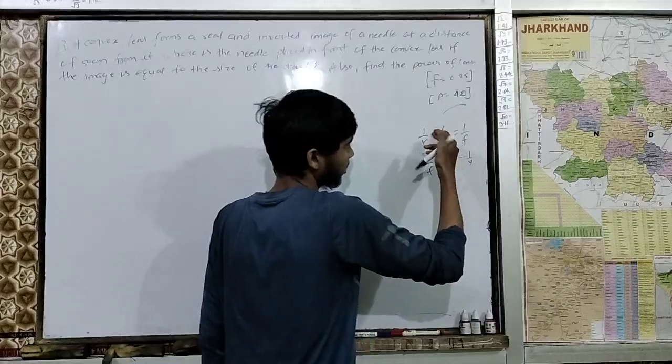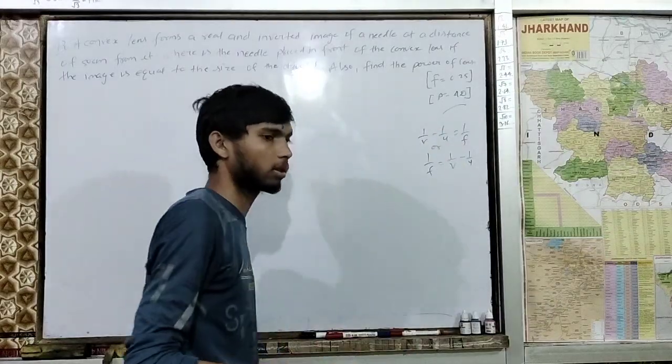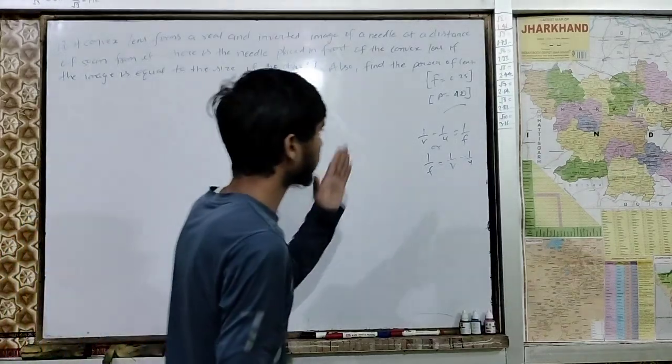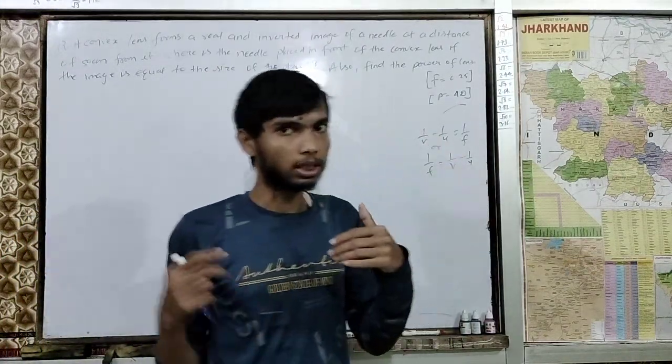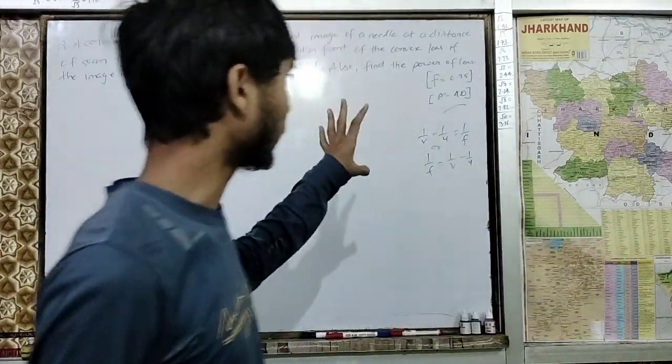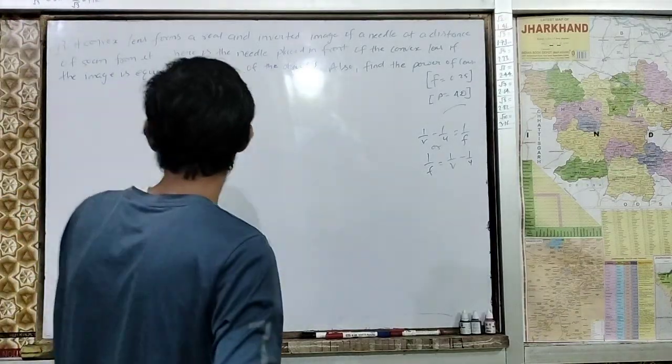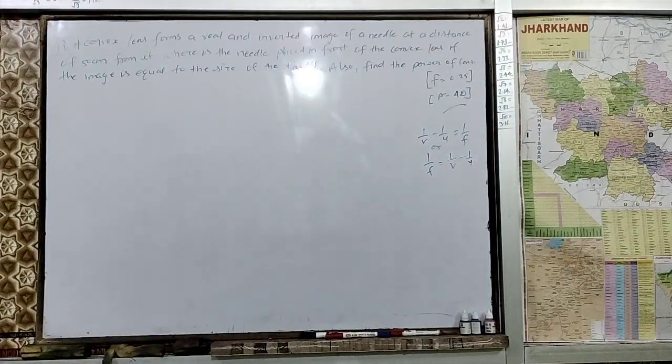We just replace this minus with plus and it becomes the mirror formula. But here, as you can see, it's not a plus, it's a minus. That's why this is a lens formula. So here, let's try to understand this question. What is it trying to tell?